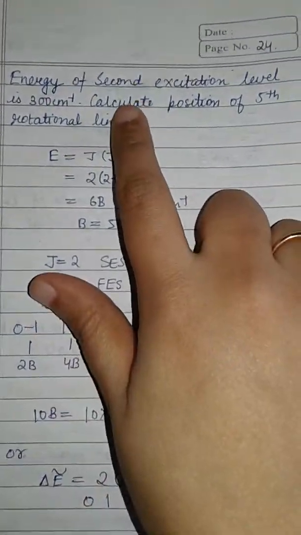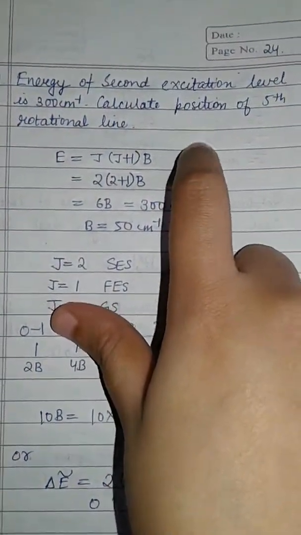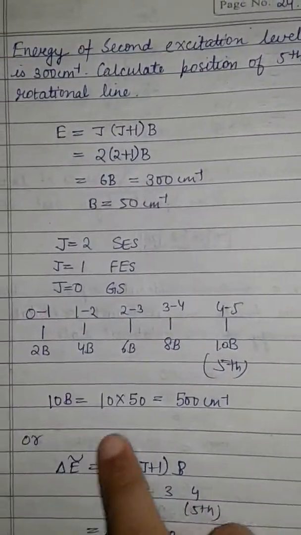Now we have to calculate the position of the fifth rotational line. Position means we have to calculate the delta E value, and it can be calculated by two methods.